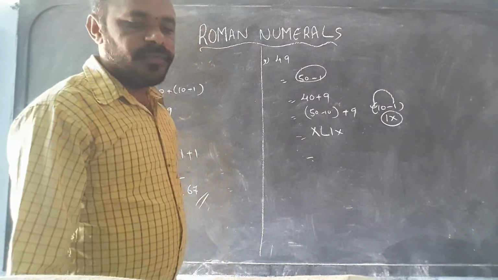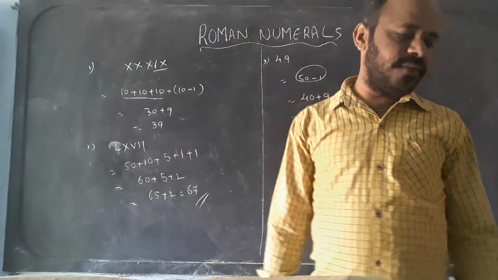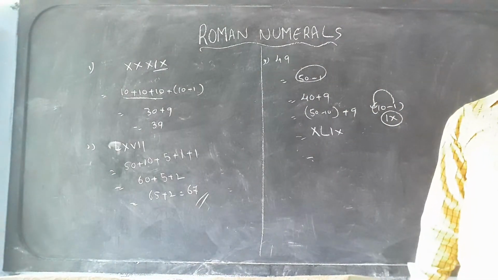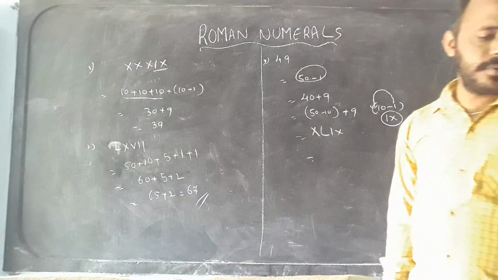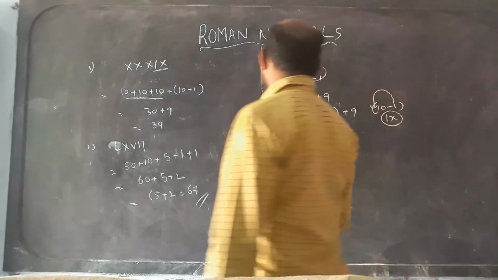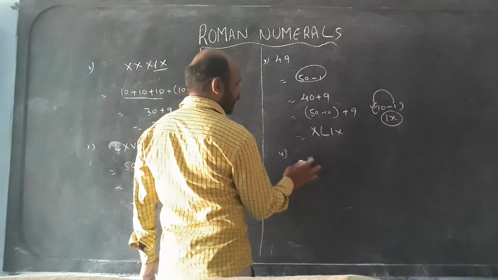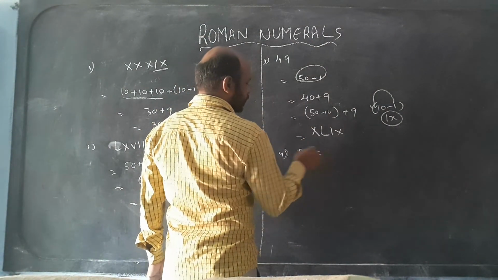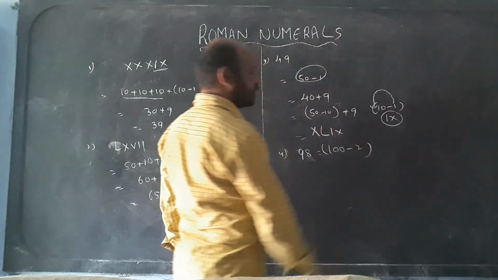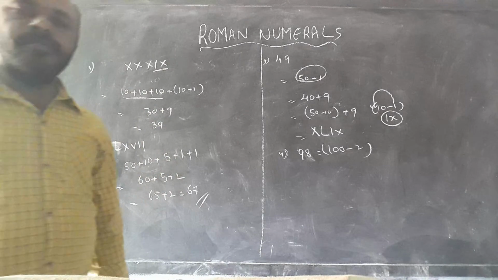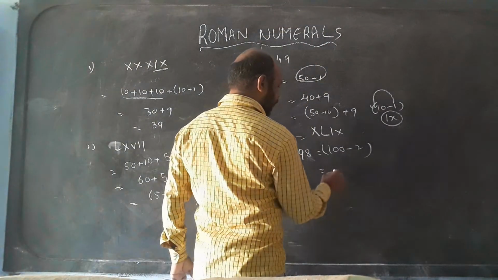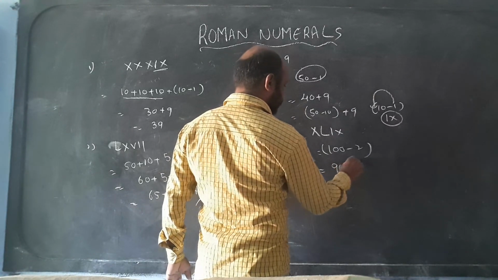See here, if more values are given, how to write? The fourth one is 98. 98 means 100 minus 2? But I is never subtracted directly from a bigger number. That's why for 98 we have to write 90 plus 8.